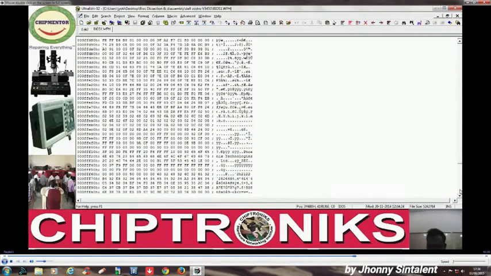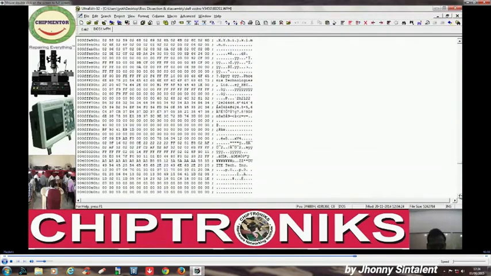We have to follow closely, no missing. So what we have to do is delete the data after this. Then the top 4 MB is our system BIOS.